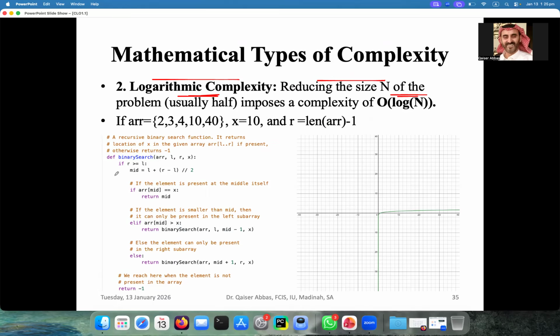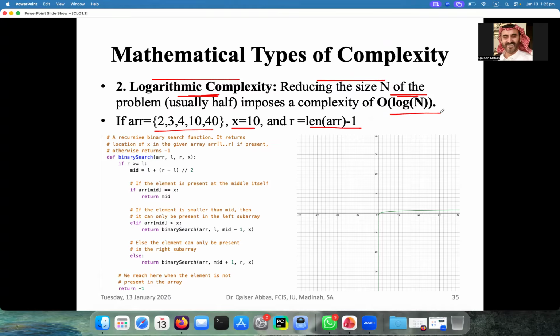For binary search again, the array is this, x is the element that you have to find, and r is equal to length of array minus 1. We already know from previous examples that binary search has the complexity of log of n.